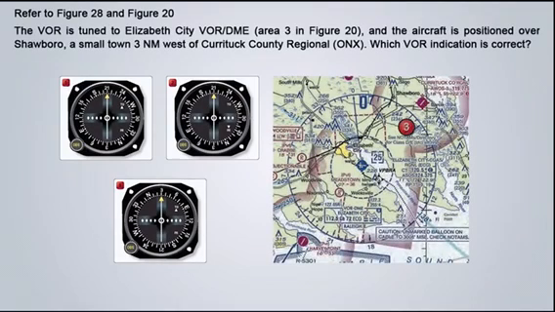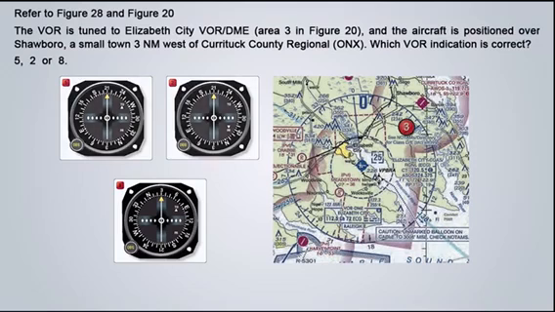The VOR is tuned to Elizabeth City VOR DME, Area 3 in Figure 20, and the aircraft is positioned over Shawboro, a small town 3 nautical miles west of Currituck County Regional, ONX. Which VOR indication is correct? 5, 2, or 8? Using our method of interpreting VORs, we will start checking each of the 3 given VORs to see which one matches the position reported by the question.